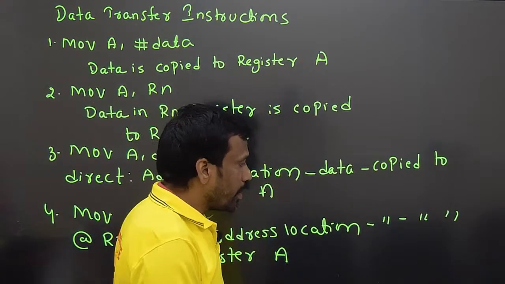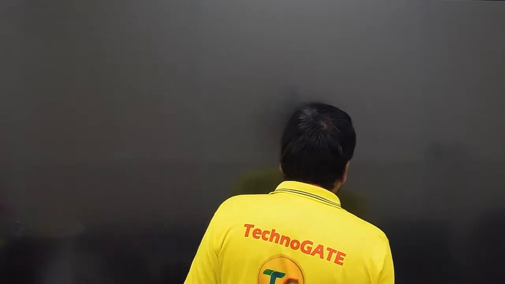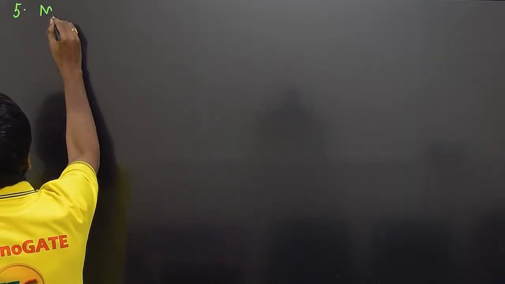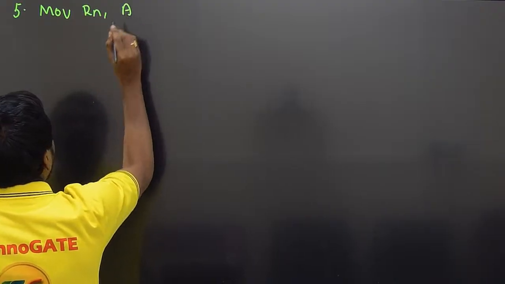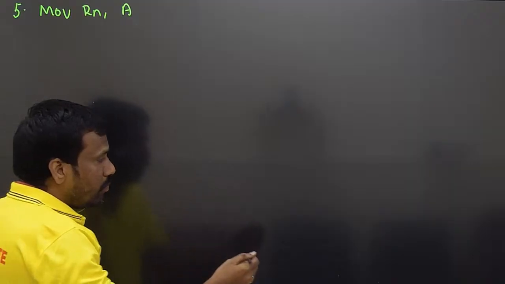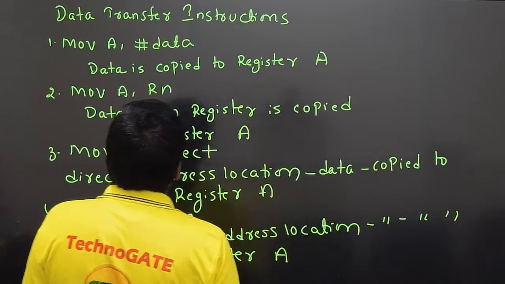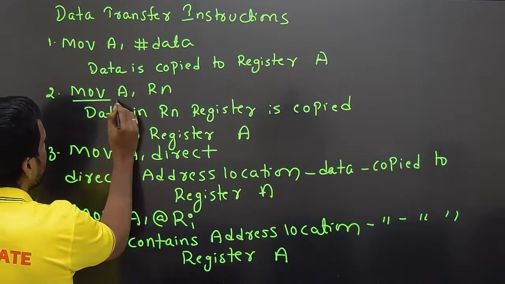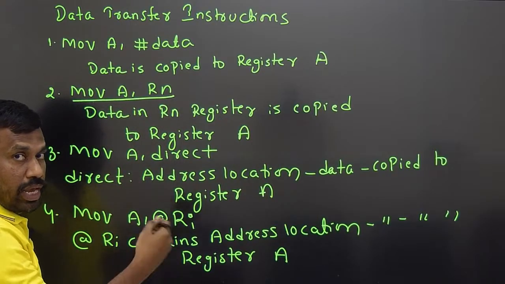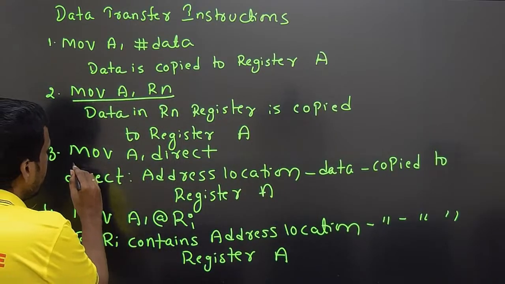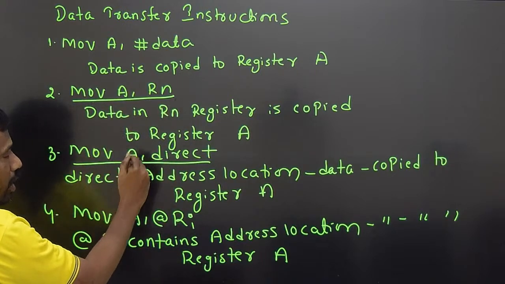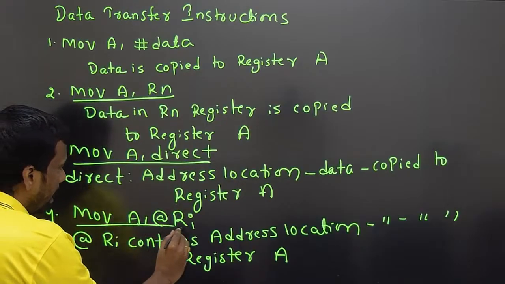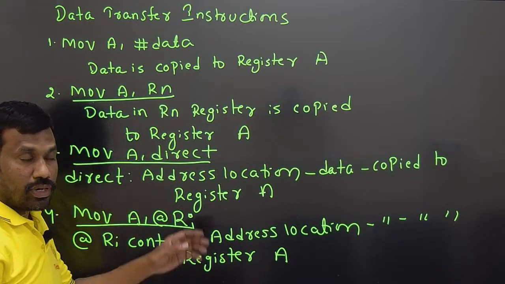And the next one is what? MOV Rn, A. Previously what you have seen: MOV A, Rn, MOV A, direct, MOV A, @Rn.